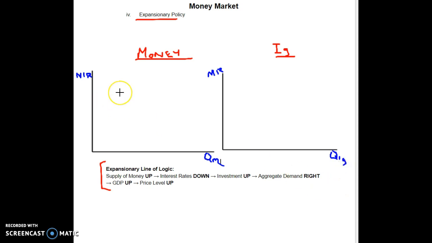We're going to put these side by side just to show how a change in monetary policy affects investment, which then, of course, affects demand, and GDP, and price level, and all that good stuff. So first thing you need to know about the money market is that we have the demand for money, which is this downward sloping curve. The demand for money is actually made up of two things. Made up of the demand for money as an asset.